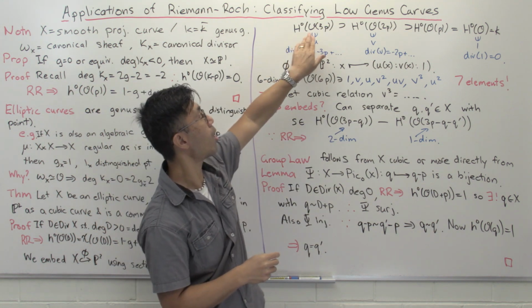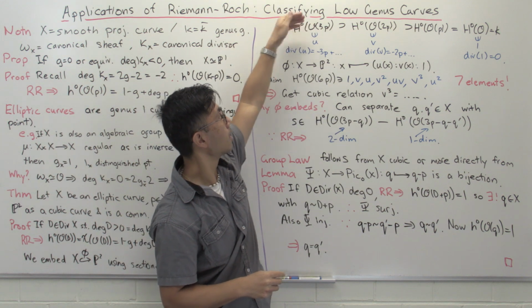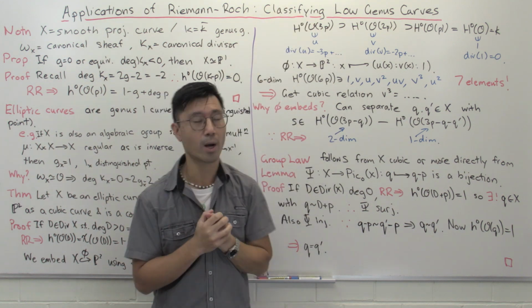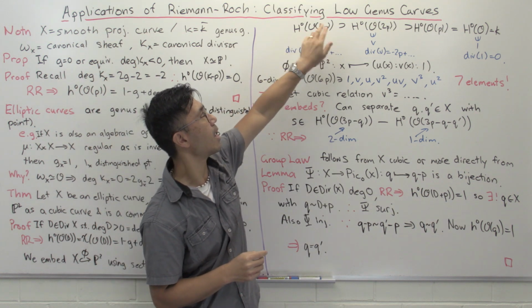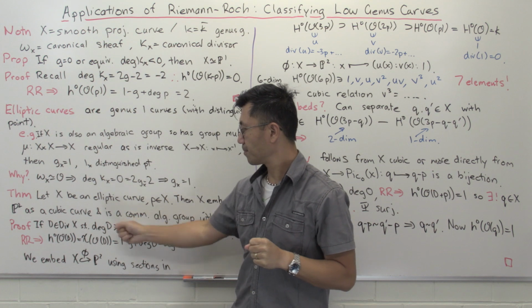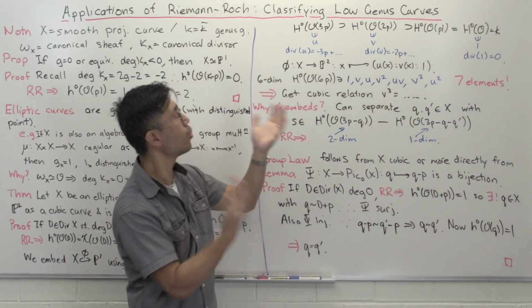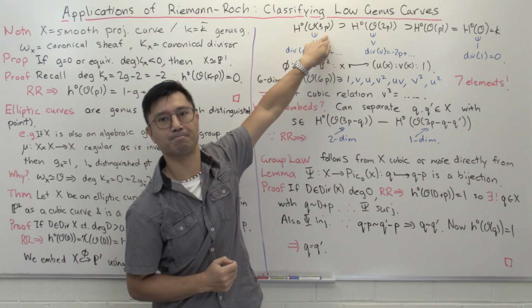Okay, H0 of O(3P). Now you can think of these global sections in lots of different ways. The way I want to think about it here in this proof is that this is the space of rational functions on this X, which have only poles at P, and the order of the pole is at most 3.